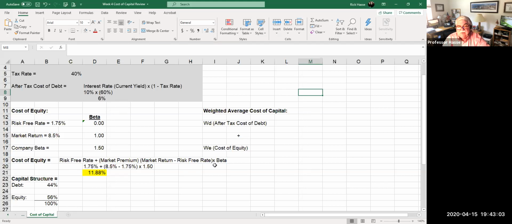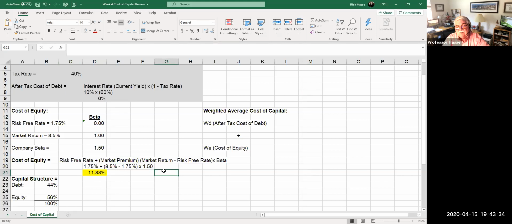So the calculation is 1.75% plus the market premium, 8.5 minus the risk-free rate, times 1.5, the beta of the company. Do the arithmetic. It's 1.75% plus 6.75% times 1.5. Add them up, 11.88%.